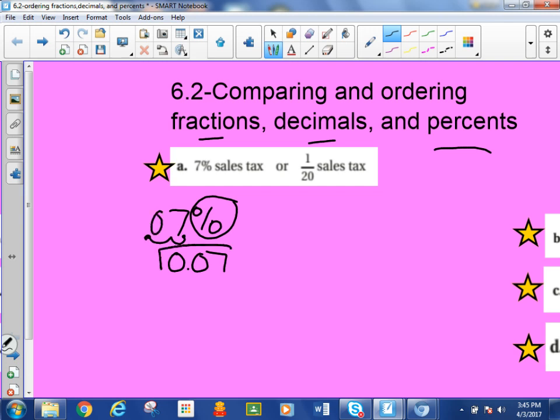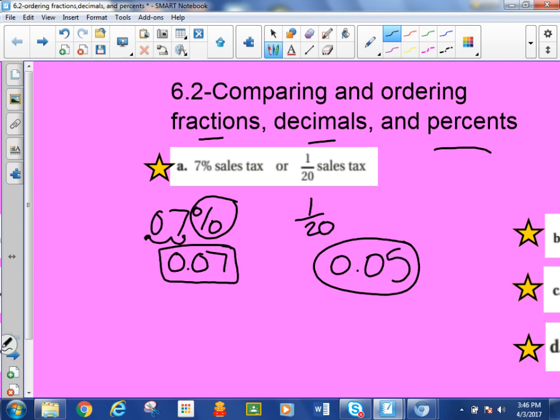So this is 0.07 of the amount, so 0.07 tax, or I have 1/20th, so that would be 1 divided by 20, which will give me, and you can do this on your calculator, 0.05.